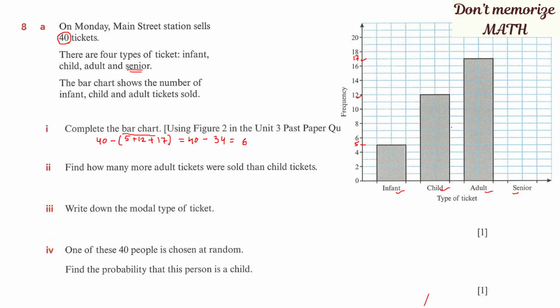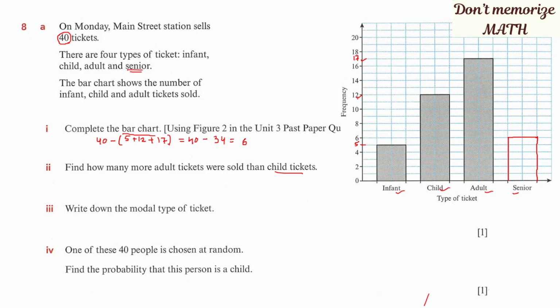Okay, so how to draw 6? From here, 6 is here, right? So use pencil and ruler for drawing this. Don't use your pen. All the drawing must be with the pencil and ruler. Next, find how many more adult tickets were sold than child tickets.